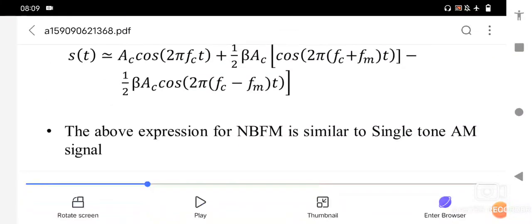So the above expression for NBFM is similar to the single tone amplitude modulated signal.